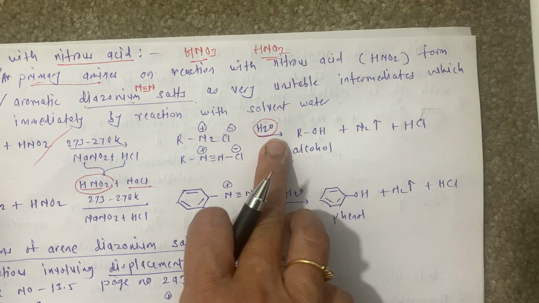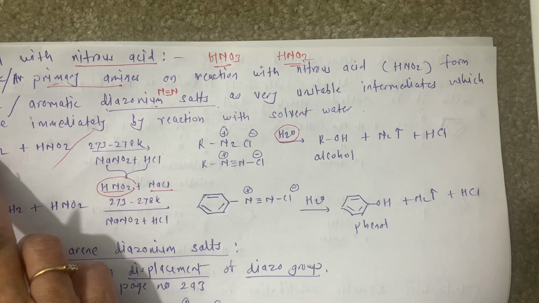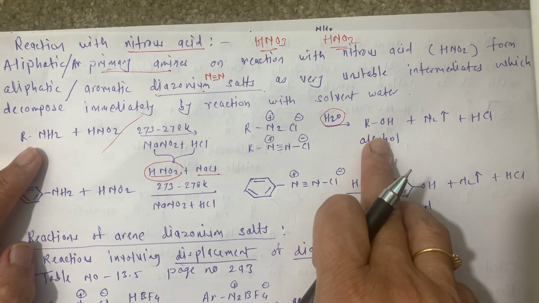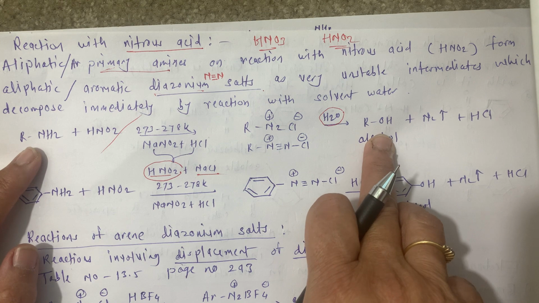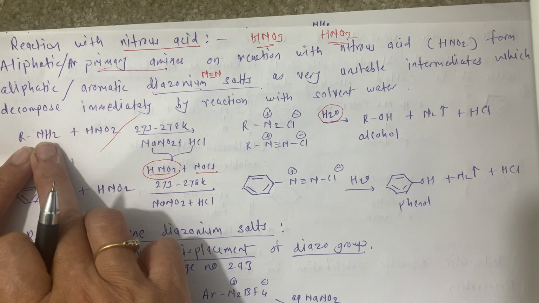We require solvent water here, and a very important thing is that from amines we prepare alcohols. This is the preparation method of alcohol by using nitrous acid and primary amine.